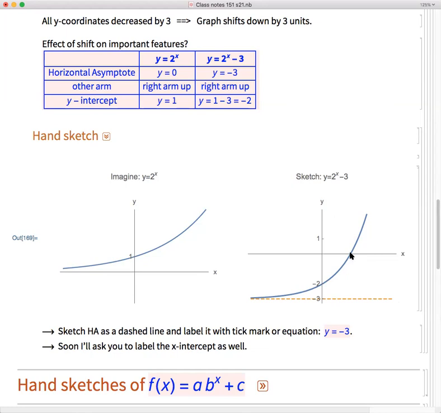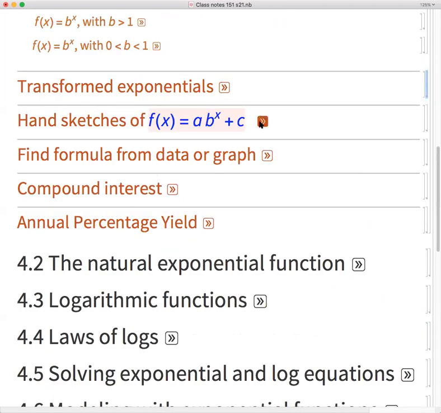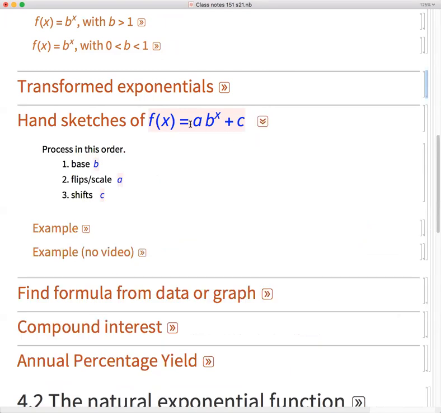Soon we'll get to trying to label the x-intercepts for exponential functions as well, but we're not doing that yet. Okay, so this is sort of the culmination of those 3 independent things: we're going to look at combinations of transformations.